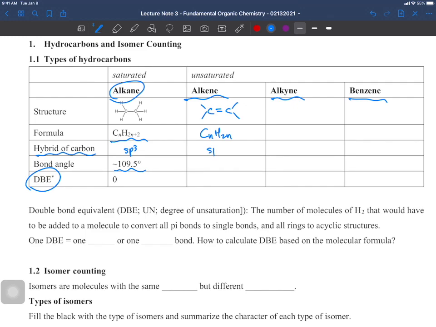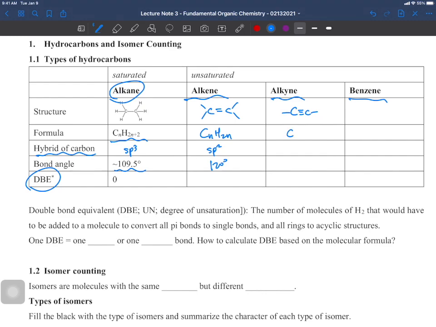And similarly, these 2 carbons connected by the double bond should be sp2 hybridization, and the bond angle is supposed to be 120, right? I think those are relatively straightforward, so it will be a little bit fast. And for alkyne, there will be a triple bond, right?